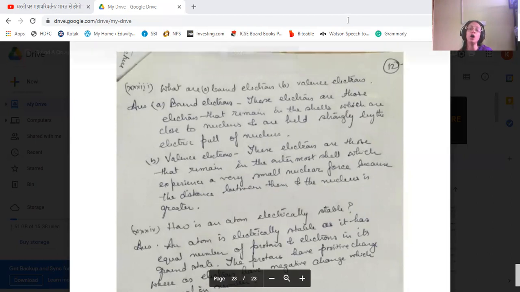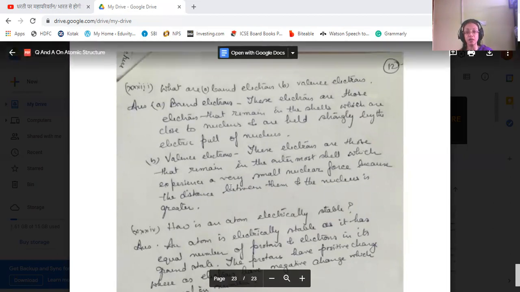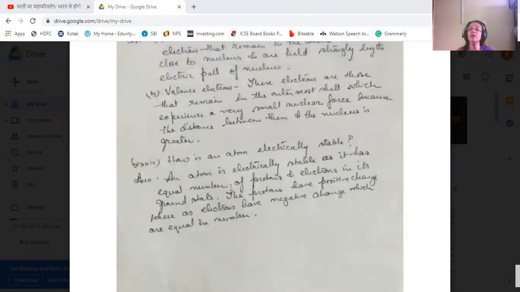Now, how is an atom electrically stable? An atom is electrically stable because it has an equal number of protons and electrons in the neutral, ground state. It is electrically neutral because it has the same number of protons and the same number of electrons.